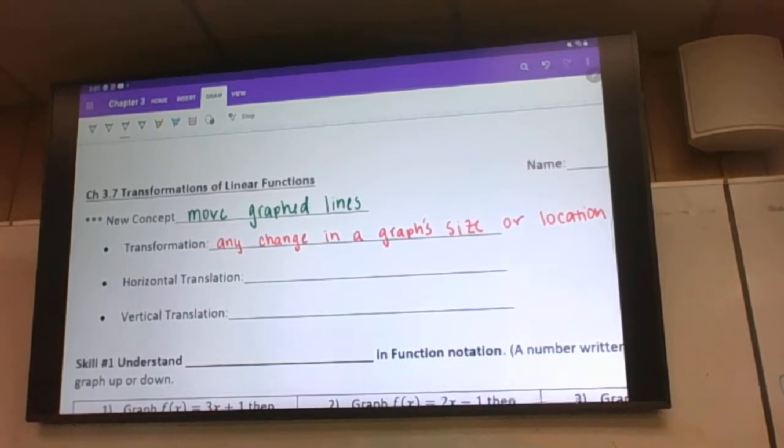Okay. Next word. Horizontal translation. That's a move left or right. Some people really like to refer to this as a shift of the graph. You can shift a graph left or right.